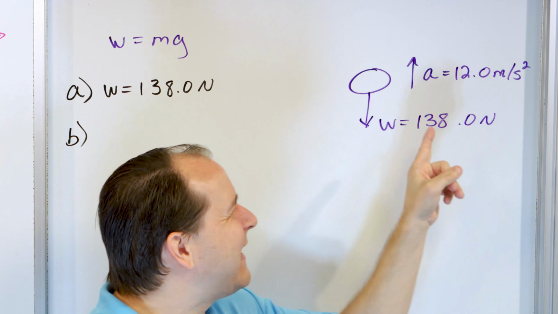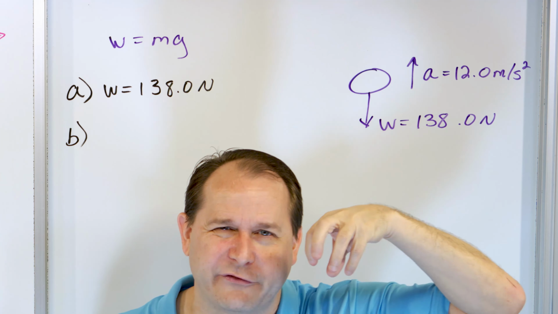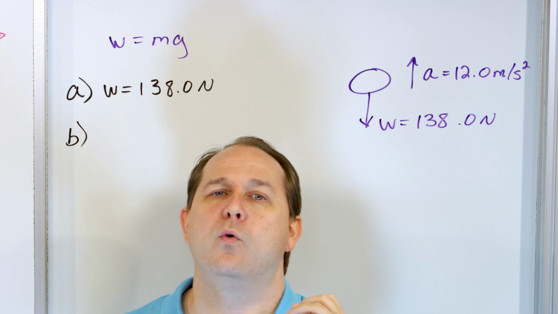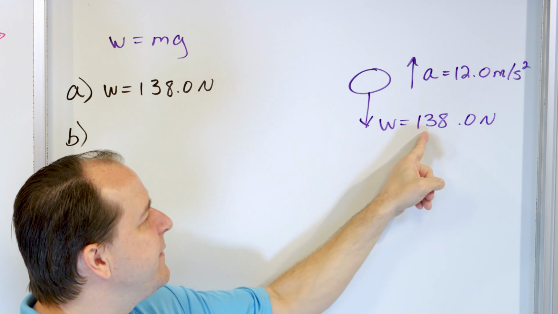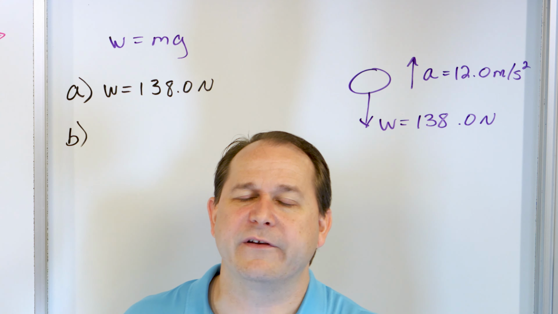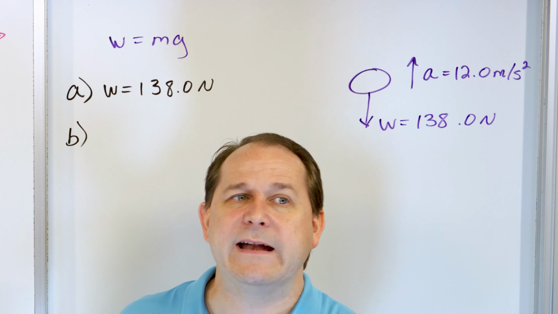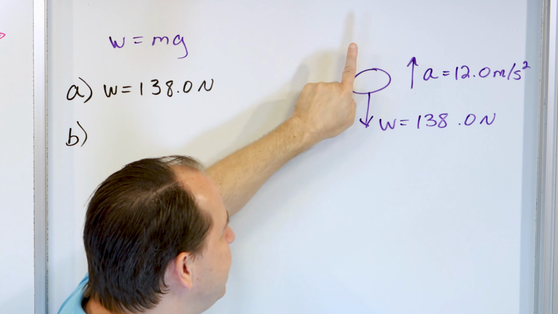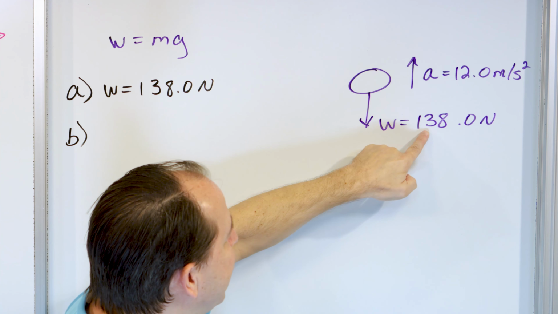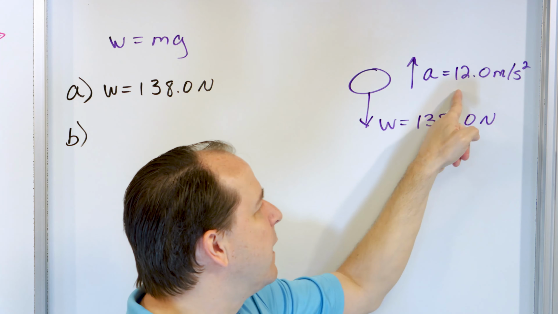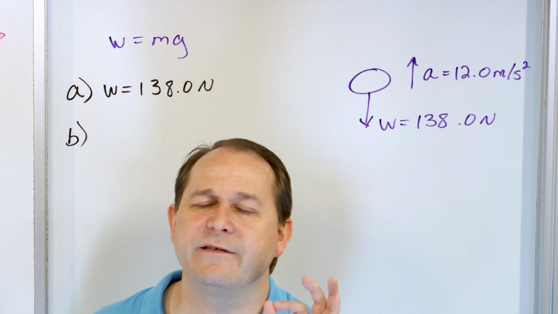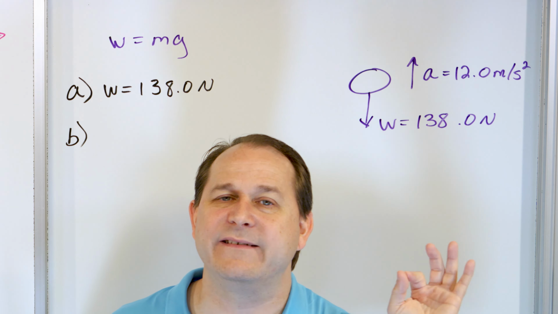So that means I must have some sort of little rocket engine or something pushing upward with a force that is larger than the downward force of gravity. To overcome the gravity and have a net force up, there has to be some force acting up slightly bigger than this, so that I can have some acceleration up. But that doesn't change the fact that the object's weight is the same.